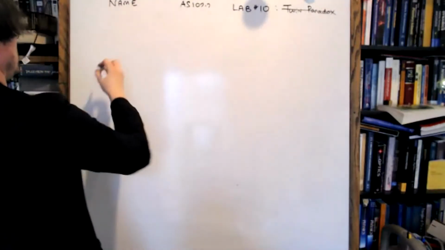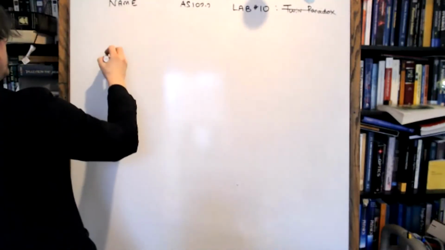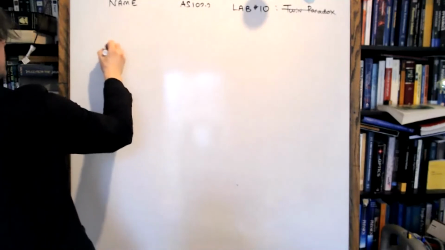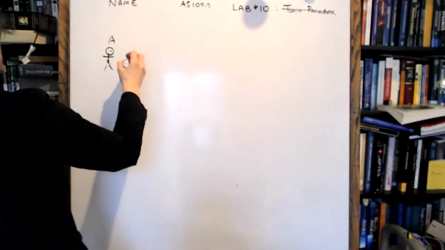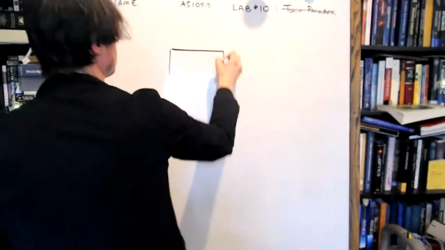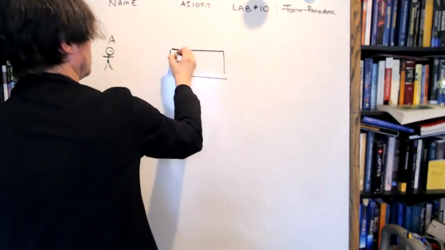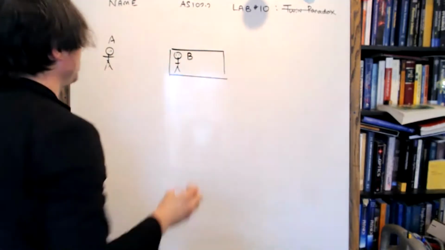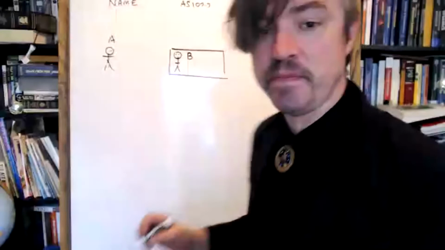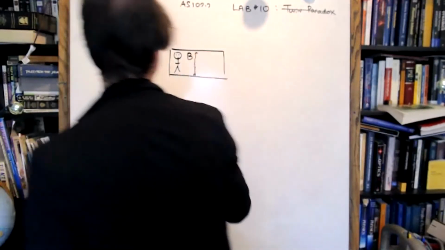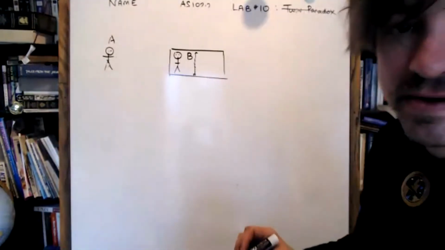Okay. Observer A is on the platform. Observer B is inside the train car. And observer B is firing the laser from bottom to the top of the car.